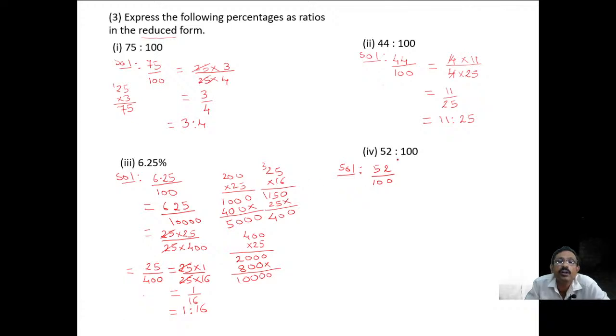Now, take a number such that when we multiply that number by a certain number, we will get 100. As in the many examples we have solved, we have seen 25 fours are 100. But does this 25 go into 52? 25 twos are 50. It does not go. But can we use that 4 to get this 52?